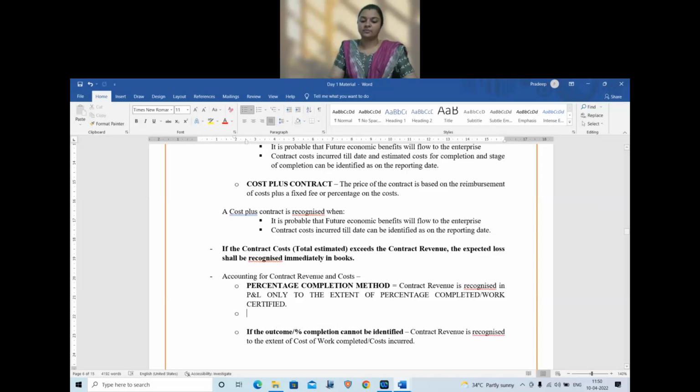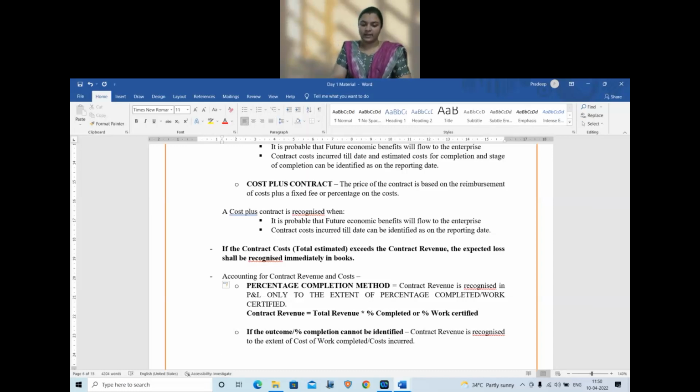So, let's write the formula for each. For percentage completion, the formula is: contract revenue is equal to total revenue into percentage completed or work certified, whichever is available in the question.